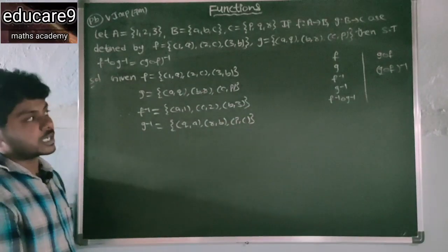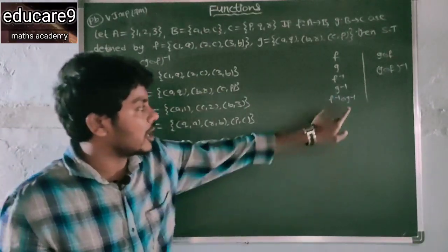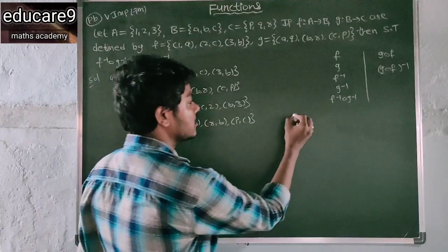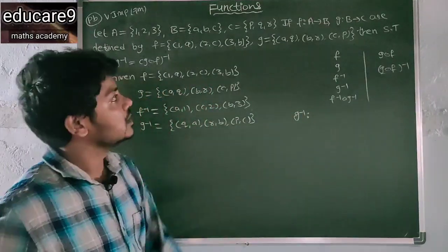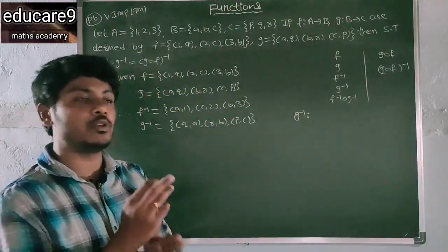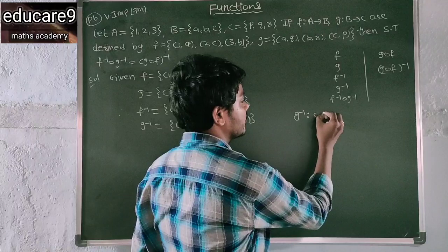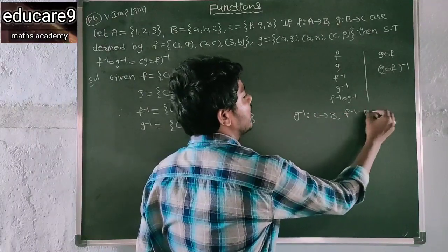And write what? F inverse circle G inverse. So first we have to write G inverse. So what is the G inverse mapping? G mapping is B to C. So clearly G inverse mapping is C to B. And F inverse mapping is what?